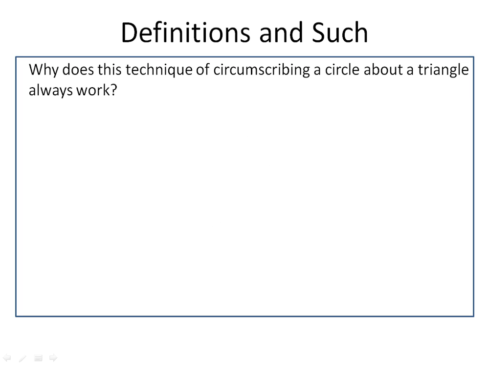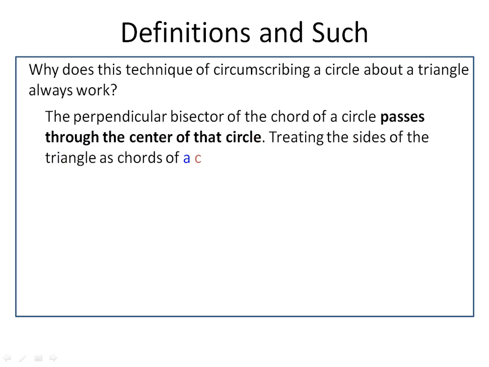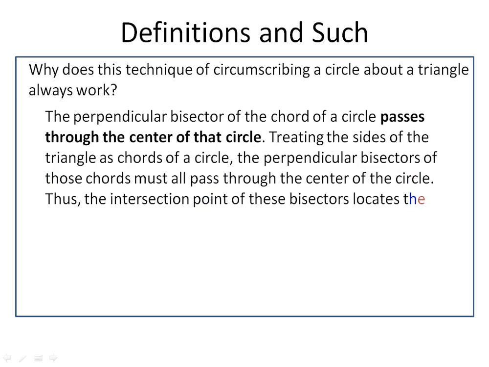Okay, why does this technique of circumscribing a circle around a triangle always work? The reason is the perpendicular bisector of the chord of a circle passes through the center of that circle. If you remember, we talked about this, that a radius touching the tangent line at the circle will be perpendicular to that, and it also goes through the center of the circle because it is a radius.